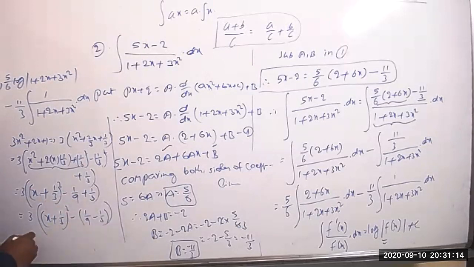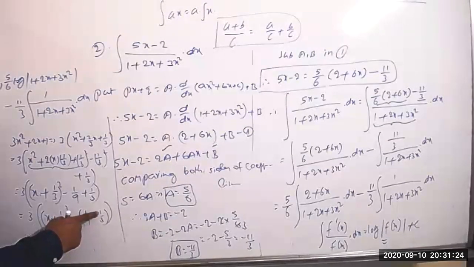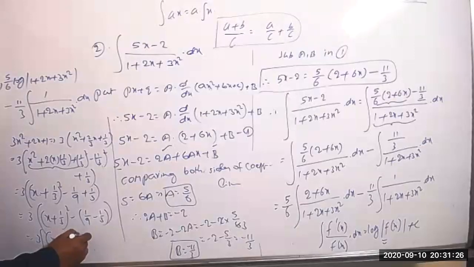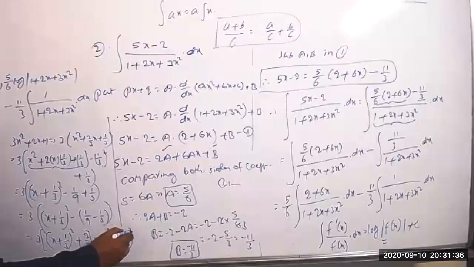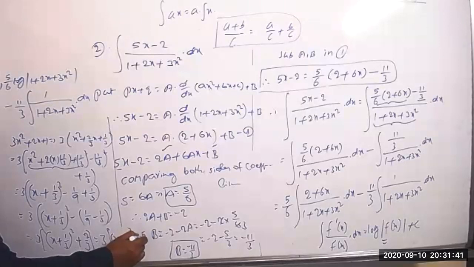So 3 into x plus 1 by 3 whole square, minus, we take 9 LCM, 1 minus 3, so minus 2 by 3, means we will get plus 2 by 3. So this can be written as 3 into x plus 1 by 3 whole square plus square root of 2 by 3 whole square.